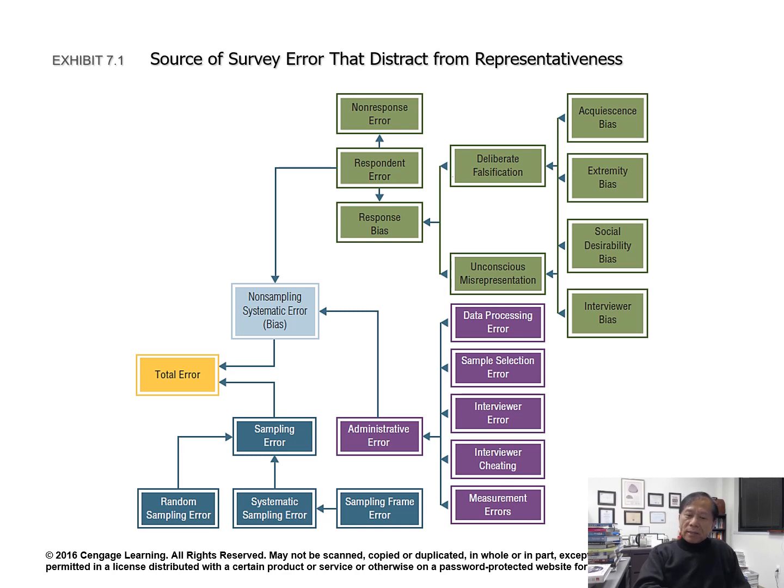What's systematic sampling? For example, on our campus, there is a SAC building, S-A-C, Student Activity Center, where the cafeteria is. I often go there to get my lunch or dinner. And we have students from all schools, all colleges, all ages, and they go there to grab their meals, right?